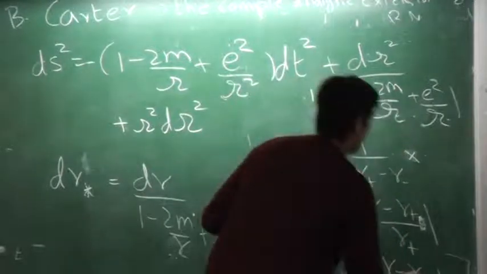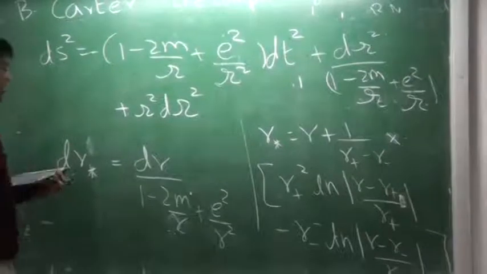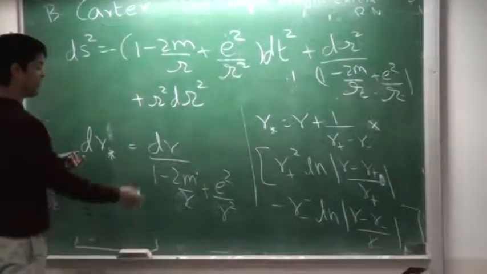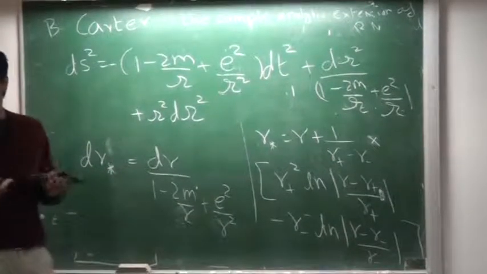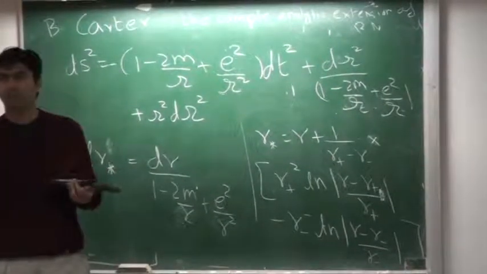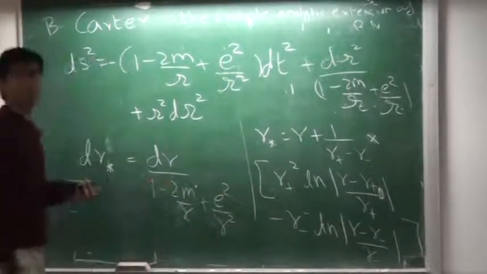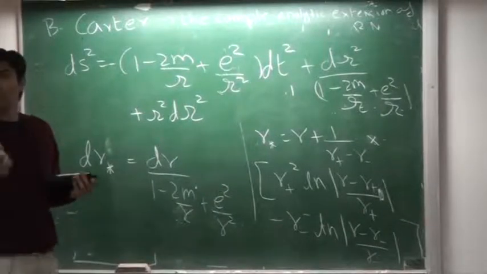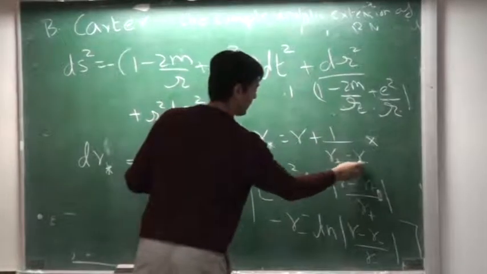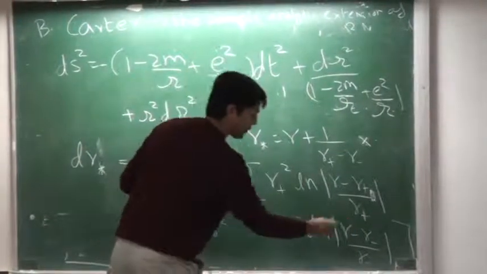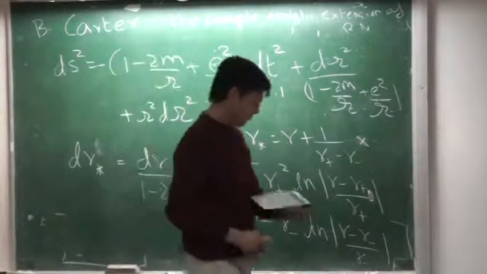It's a simple differential equation to solve. Remember that you can factorize this as (r minus r plus) into (r minus r minus), as we discussed at the end of the last lecture. This quadratic term has roots r plus and r minus. If you solve this equation, you find it's r plus 1 by r plus minus r minus, multiplied by this bracket. I didn't have space on the board, but this term is multiplied by this bracket. This is the solution for the tortoise coordinate.